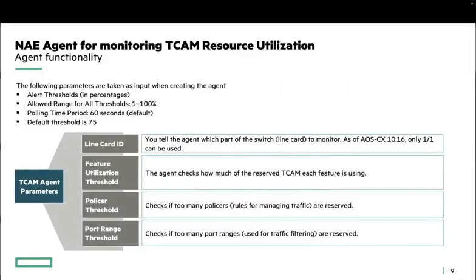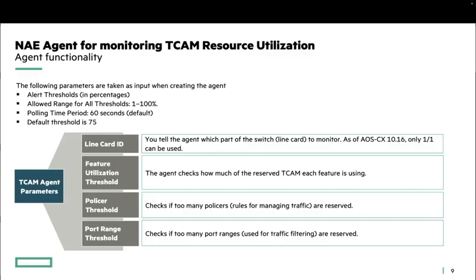If we deep dive a little bit into the available parameters, first we can specify the line card, so we can tell the switch which part of the switch has to be monitored. On 8325 and 10K, only the slot 1/1 is available.